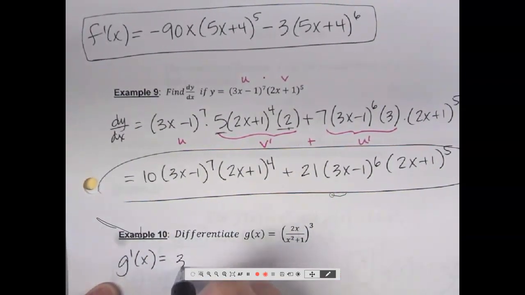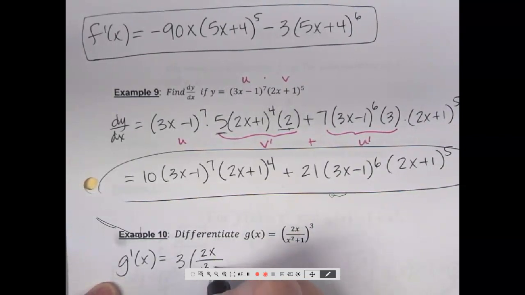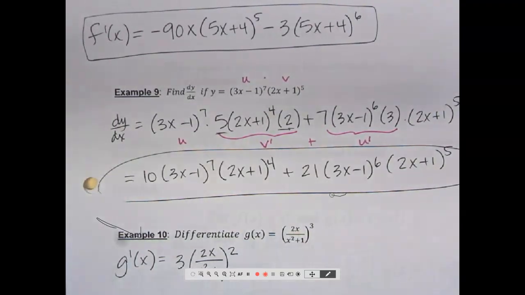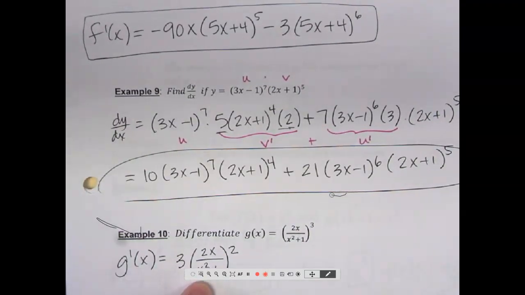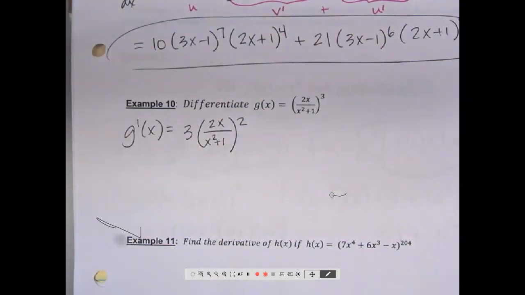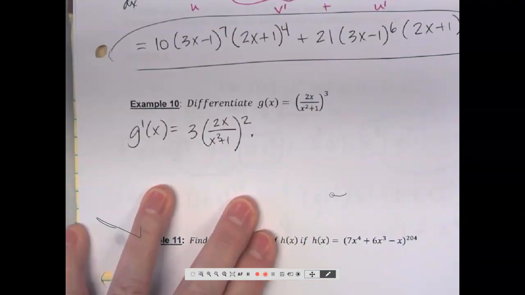I'm going to bring the 3 down. That whole fraction is untouched. It is now squared. Now I'm going to use your quotient rule because I have to take the derivative inside the parentheses, and inside the parentheses is a fraction. But I just tack it on with multiplication.